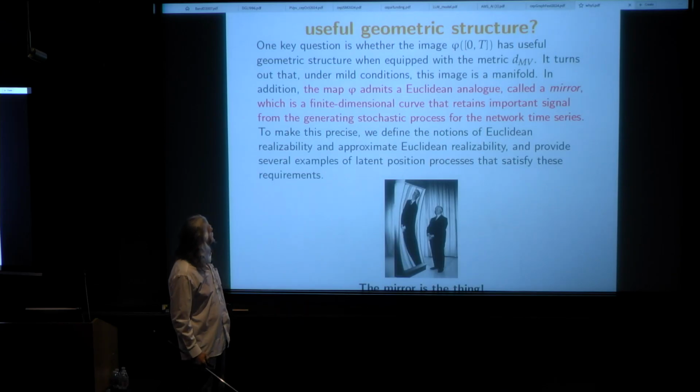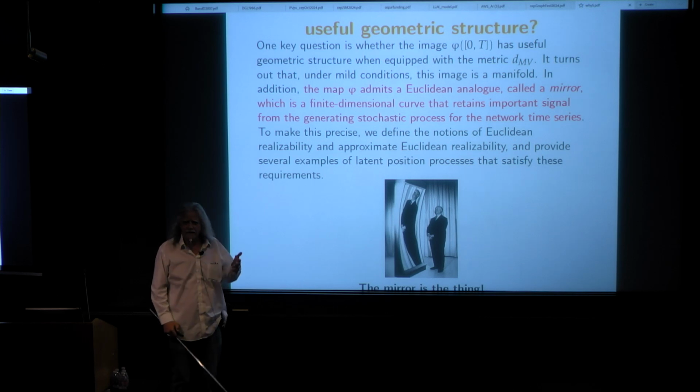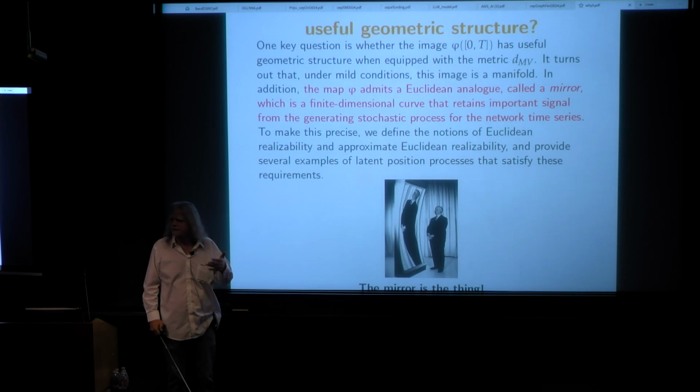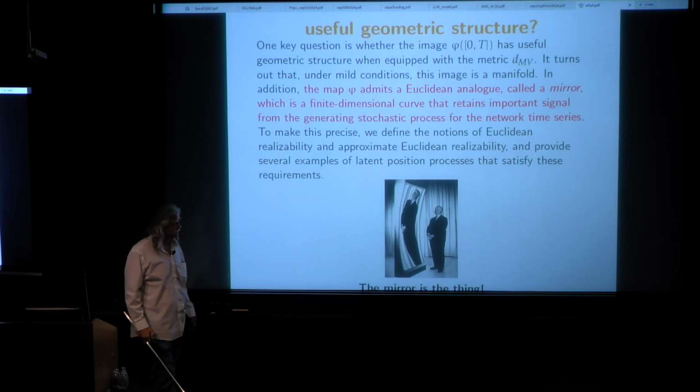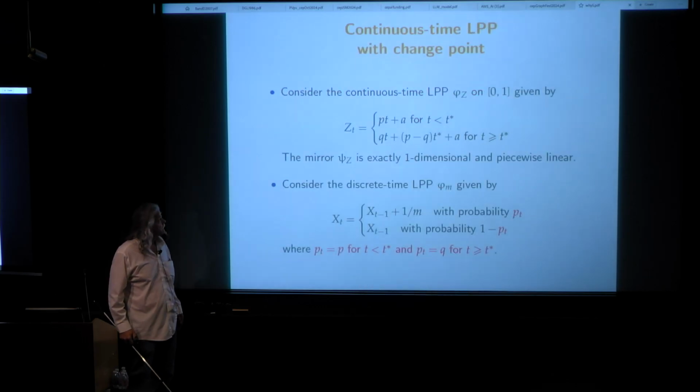So there's our story. Yes, I can find useful geometric structure via statistical inference for such a story.